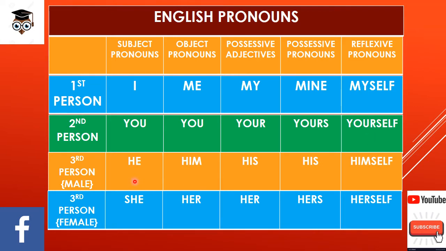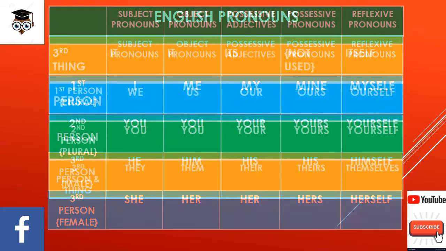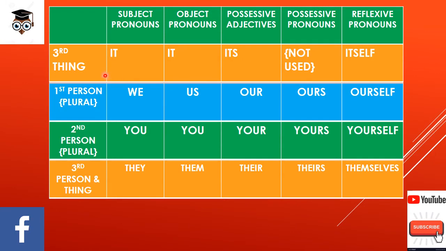In third person, for males, we can say he, him, his, himself. And for the females, in the third person, she, her, hers, and herself. Third thing: if you are talking about things, it does not have a male or a female, so you will use it.